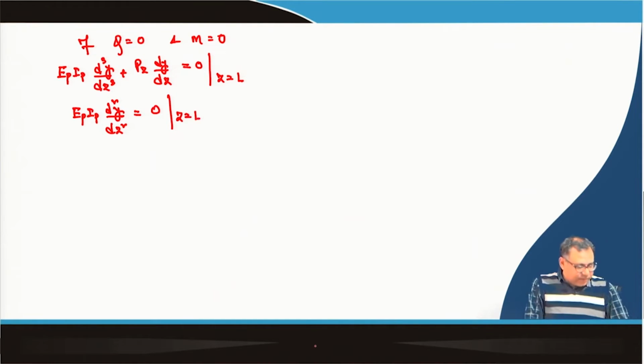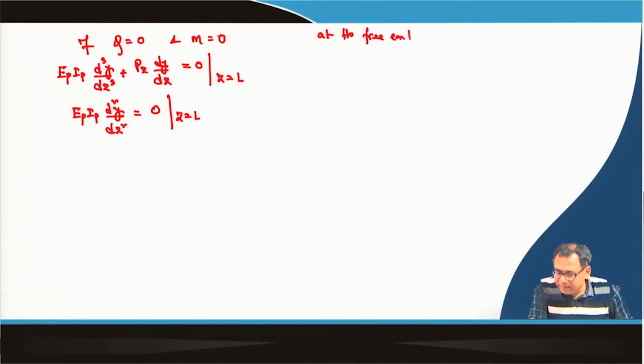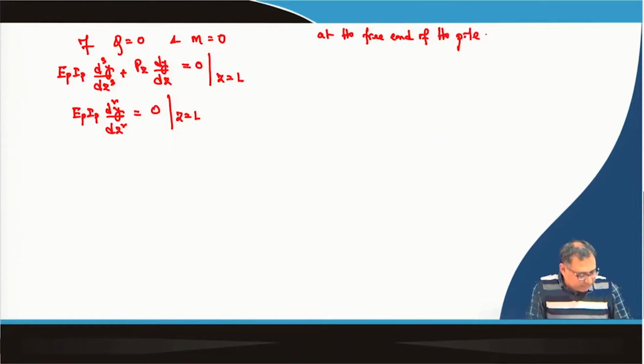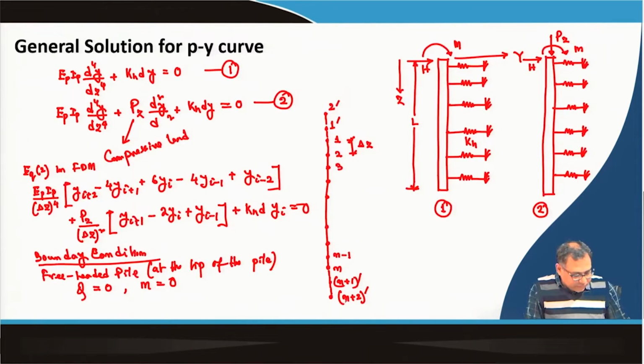Now, at the free end of the pile, the shear force will not be equal to 0, because a horizontal force is acting. As I mentioned, we have incorporated the compressive load effect in the equation, but we have not incorporated the H and M effect in the equation anywhere.